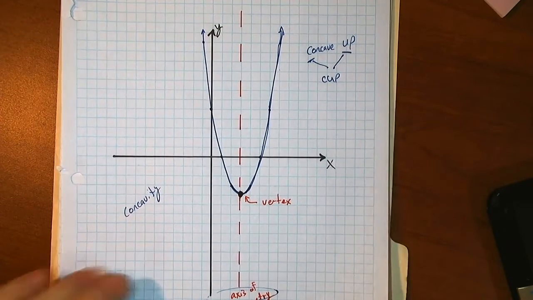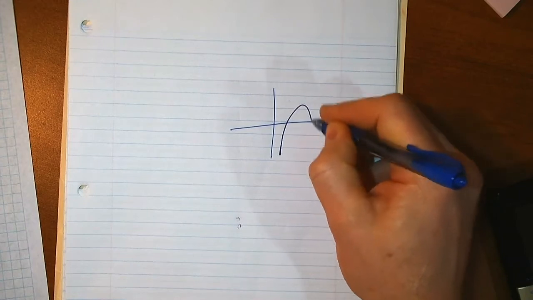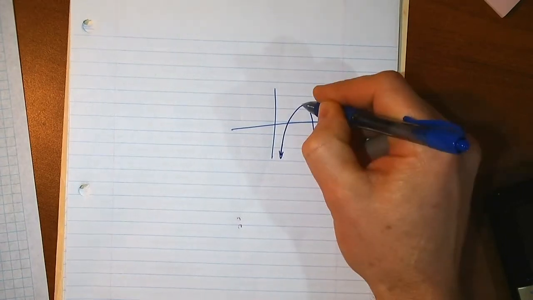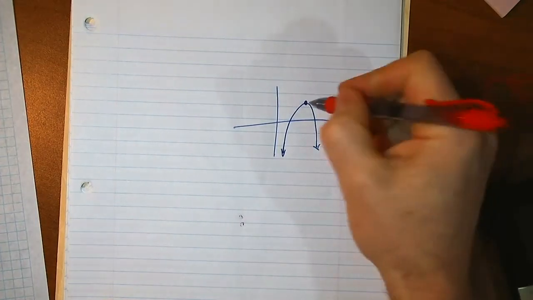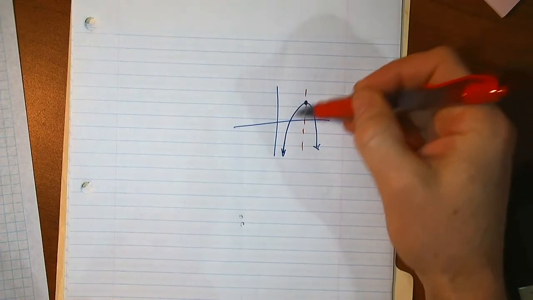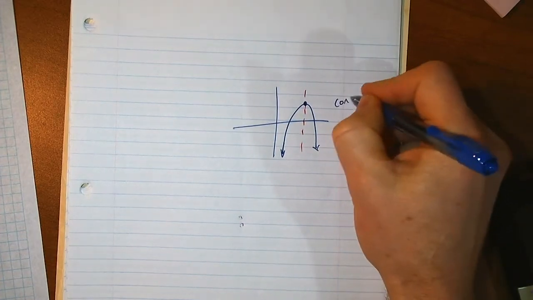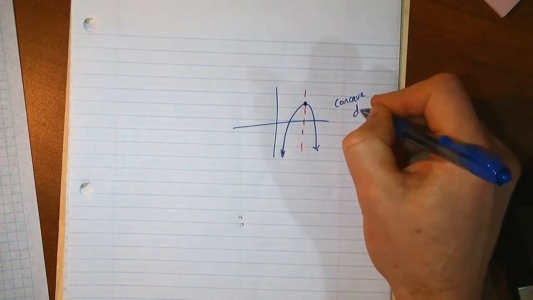Of course, you could also have a parabola that goes the other way. Just very quickly, if this is my graph and this is my parabola, now my vertex is at the top. I still have this axis of symmetry, but if I was to pour something into my parabola, it would just run off, right? It wouldn't go in, it wouldn't fill it. So this is a different kind of concavity. This is called concave down.